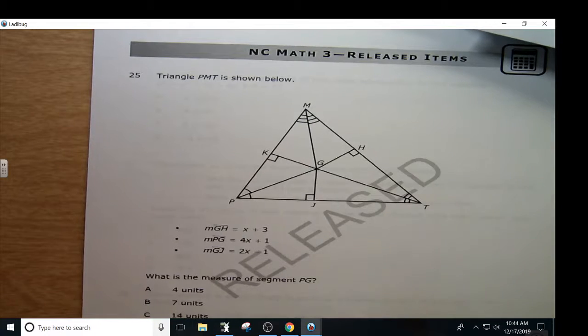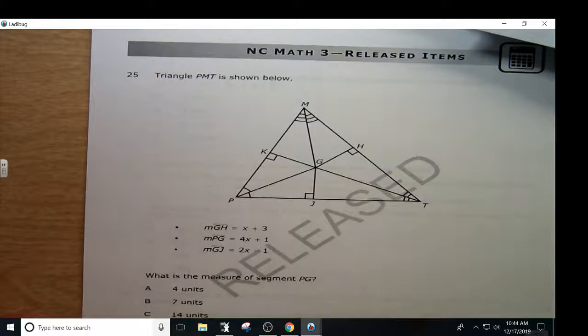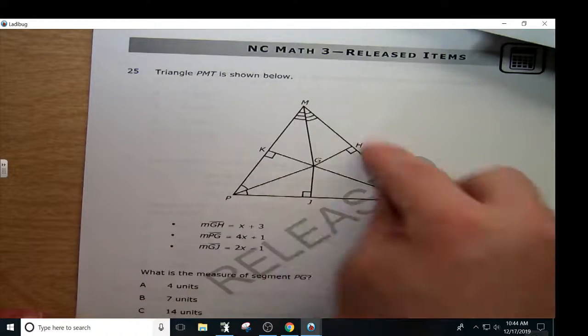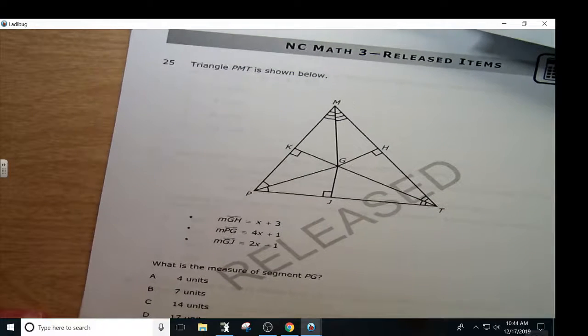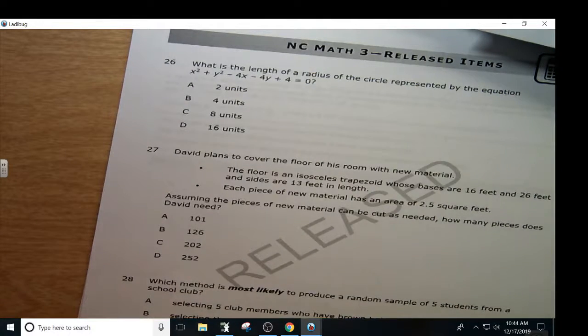If you get one of these on the test, just guess at it because we did not go over this. It's pretty easy, but guys, if you get one of those, unless you know something about it, you're going to have to guess at it. So we did not go over that. All right. Not right now. It's probably real simple.